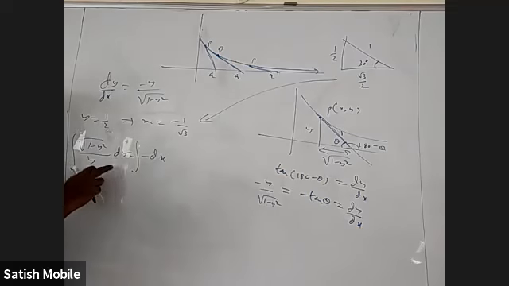Multiply with root 1 minus y square in the numerator and denominator. You can take y as sin theta also. If you take y equal to sin theta, this will be cos, this will be sin, and sin theta derivative is cos.